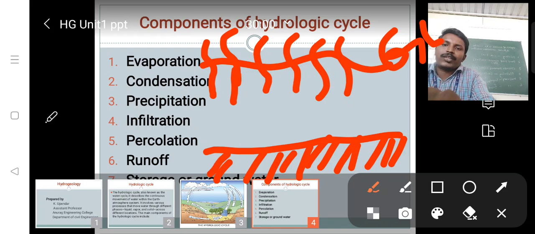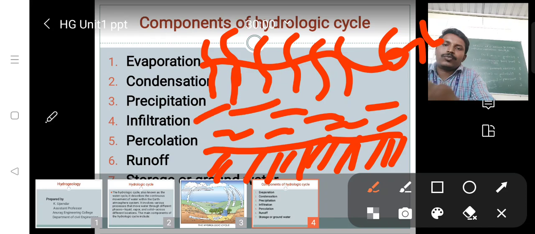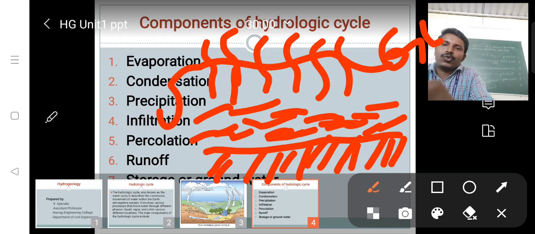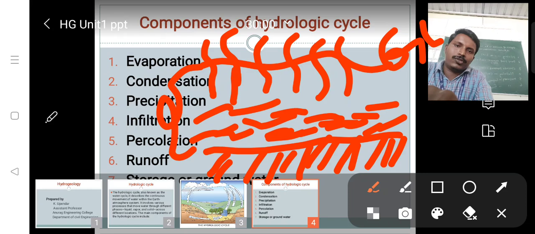It means water accumulates on the impermeable layer. The zone between the permeable and impermeable layers is called the unconfined aquifer zone.